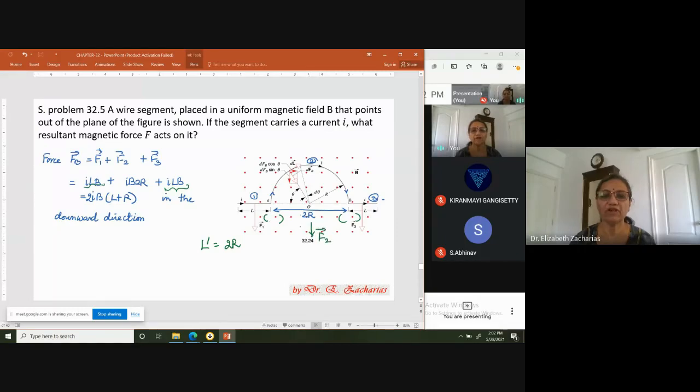F1 and F3 are downward, F2 also will be downward, and it will be I L prime cross B, so it will be I times 2R times B, or IB 2R. Now add up everything. They are all parallel vectors, not a problem at all. Just add them: 2IB (L plus R). So the net force is in the downward direction.